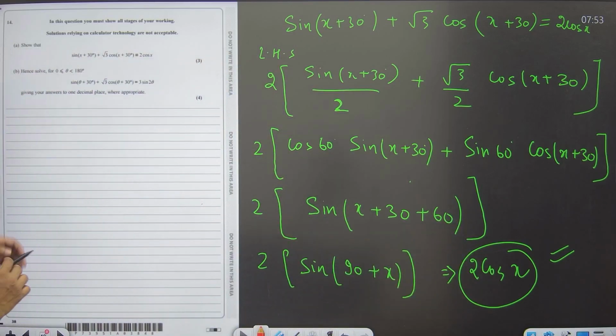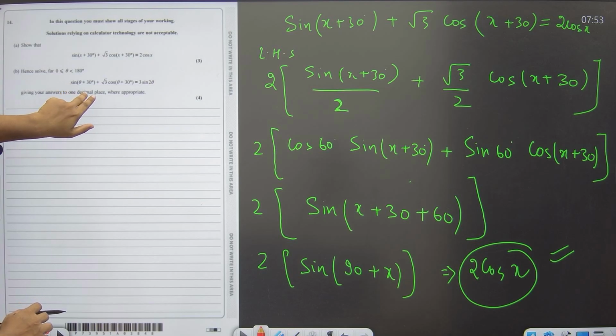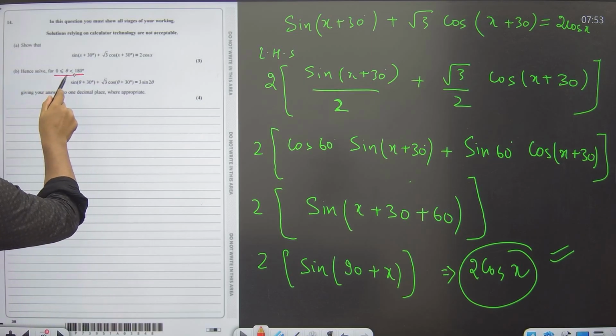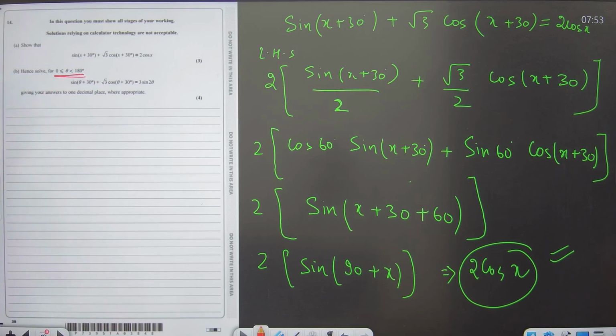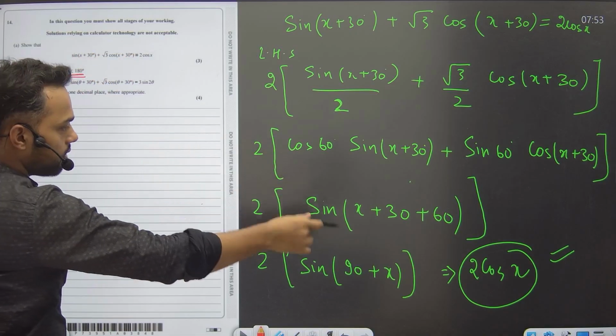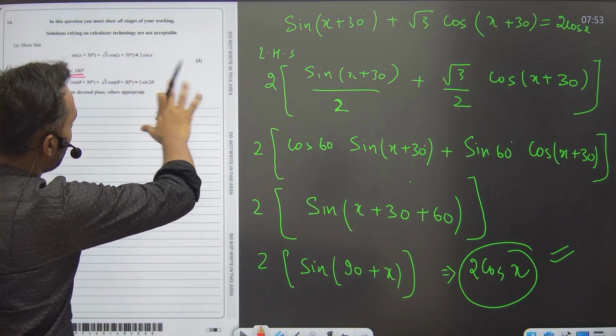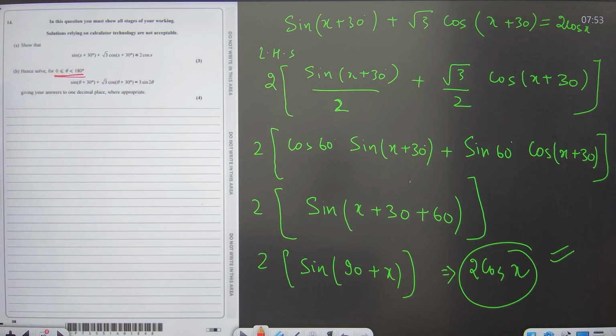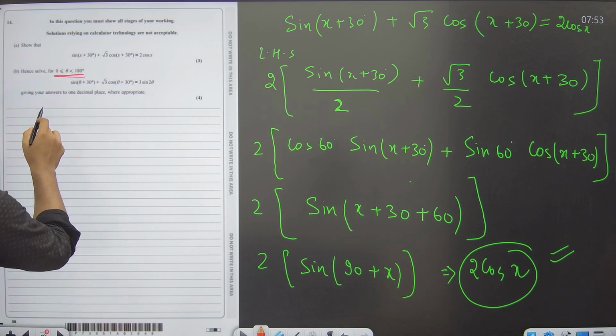Again, sine of theta plus 30 plus root 3 cos of theta plus 30 is equal to 3 sine 2 theta, and they have given that theta lies between 0 and 180. So this part and this part are similar, but you need to show the whole process again.